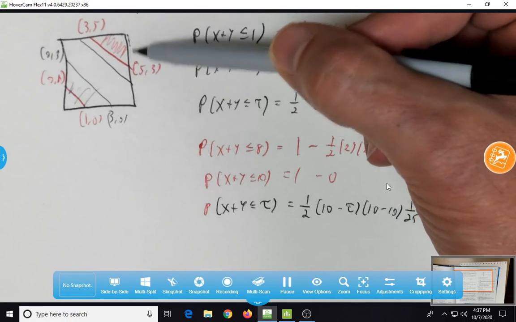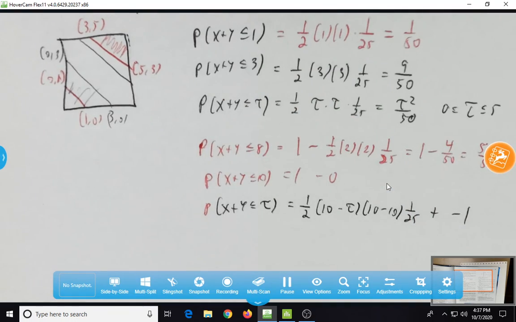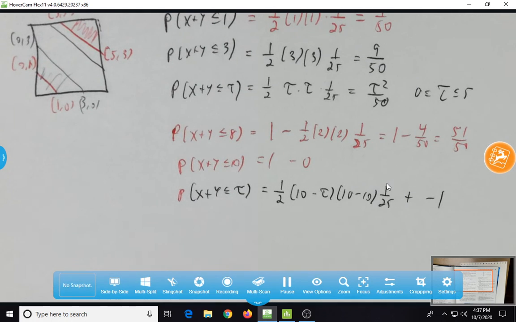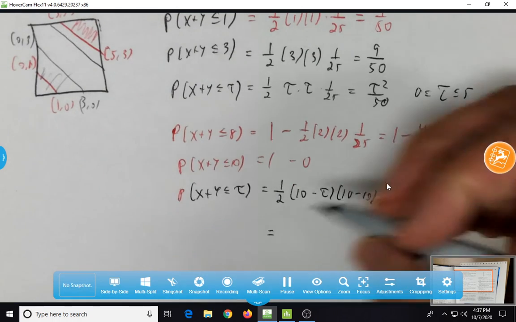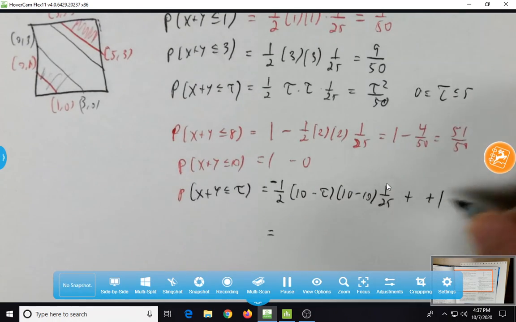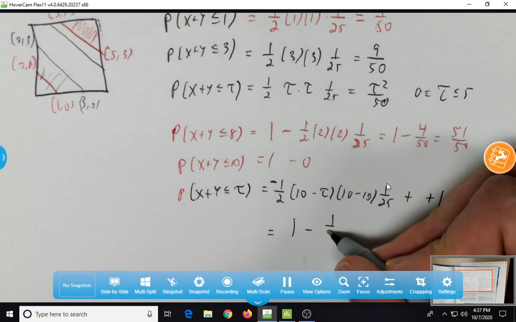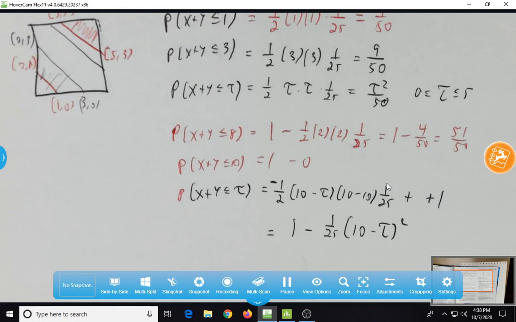And if it's tau, I'm going to take 10 minus tau, and that will give me the bases of my isosceles right triangle. So now notice if I then multiply this out, except this is supposed to be a minus and that's supposed to be a plus 1. So 1 minus 1/50th times (10 minus tau) squared.